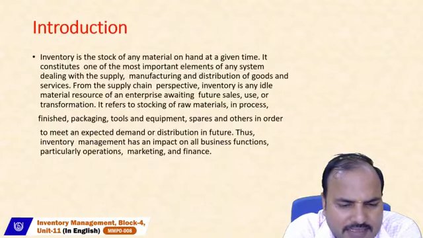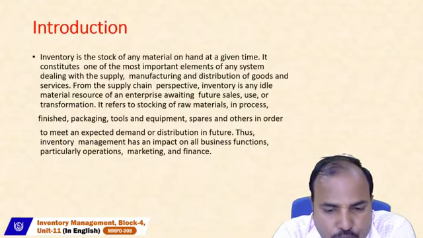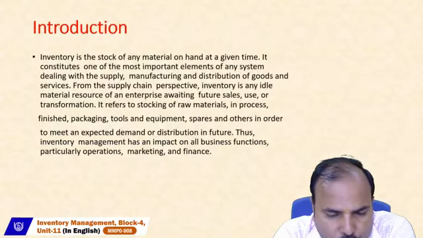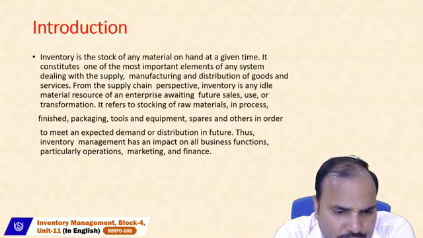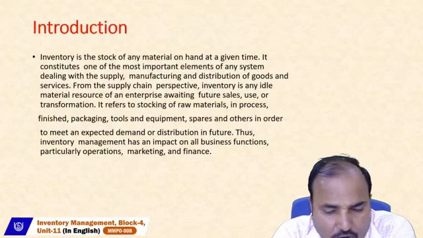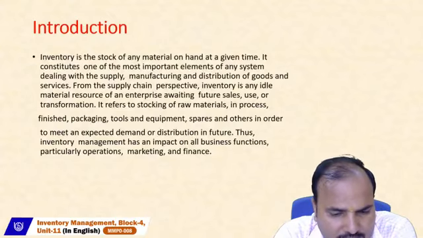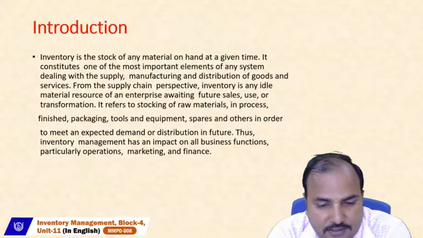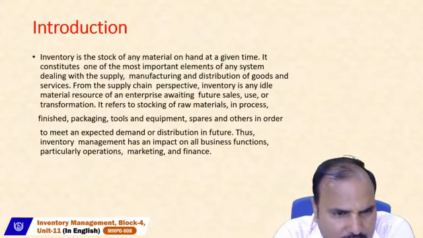And inventory management is the system that companies use to store, source, and sell inventory, both raw materials and finished goods. The different components of inventory management are stock tracking, ordering, warehousing, forecasting, inventory valuation, risk management, etc. These are the basic components.